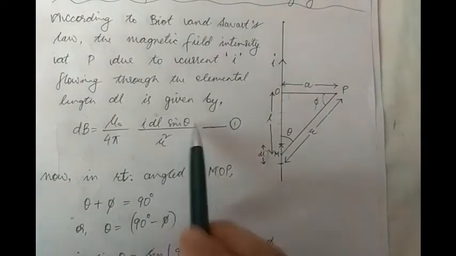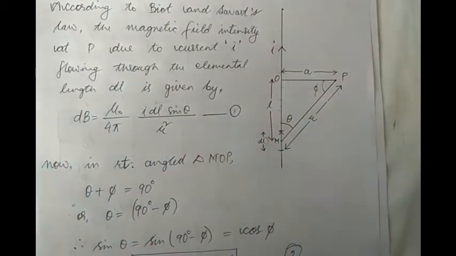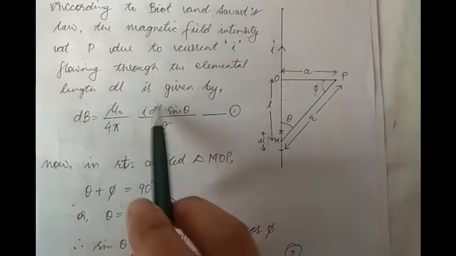Since we have three different variables over here, we want to express all of these variables in terms of only one variable. Instead of dealing with so many variables, dealing with only one is more convenient for us. That is exactly what we are trying to do.